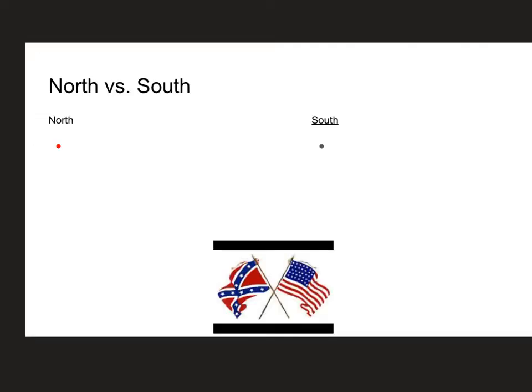So we're going to start off with just kind of discussing some of the major differences between the North and the South, just to get a general idea of what was happening during the Civil War and right afterwards, right? So some things to know about the North is that they had a much larger population. They had a lot more factories.